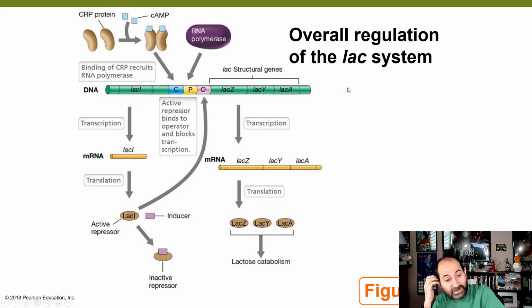I know it's a convoluted system, but you may want to focus on this, maybe read up on this from your textbook. If you're going to medical school, if you're going to study for the MCAT, they expect you to know the lac operon in detail. Like, how do you turn on the lac operon? Is it an example of a negative inducible or a negative repressible system? What is the role of CRP protein and cAMP in this operon, etc.?